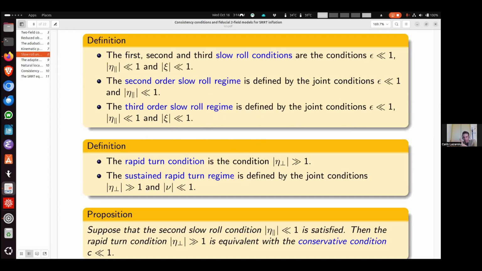And you can combine them in three ways, because there are three ways of choosing two conditions out of three. Or you can also join them together. You can impose all of them simultaneously. So it is important for us to consider the following combination of these conditions. When you impose the first and second of them simultaneously, that defines the second order slow roll regime. And when you impose all of these three conditions simultaneously, this defines the third order slow roll regime. Does this answer your question, Thomas?